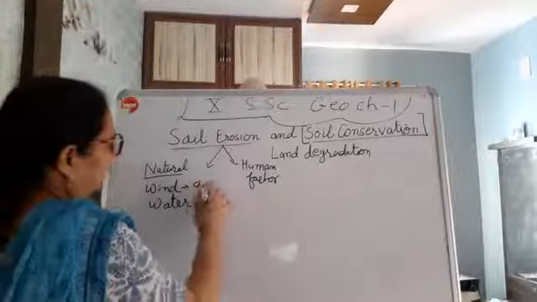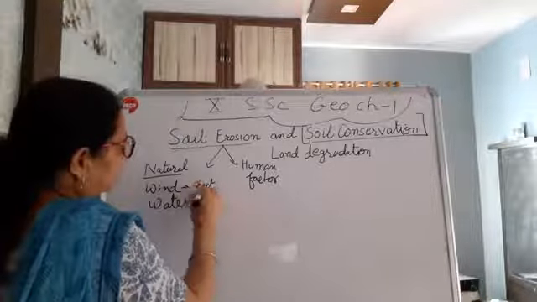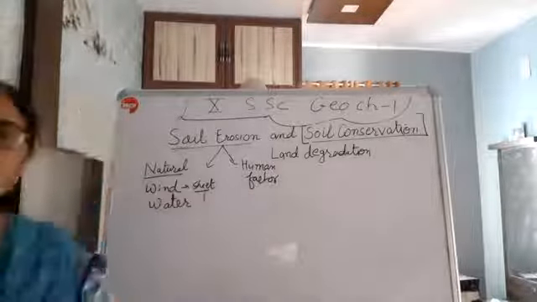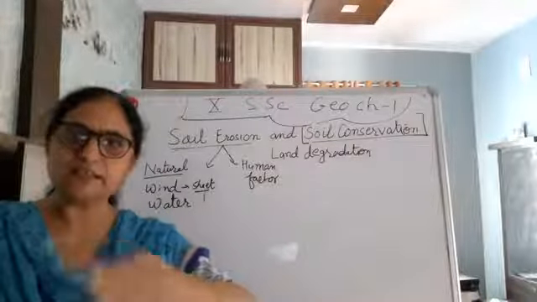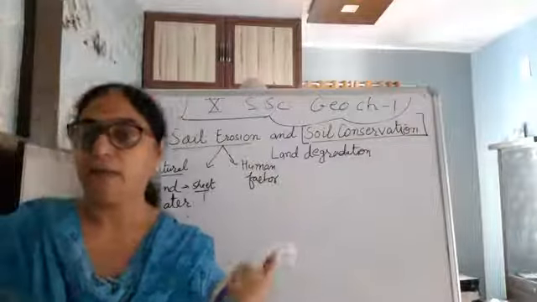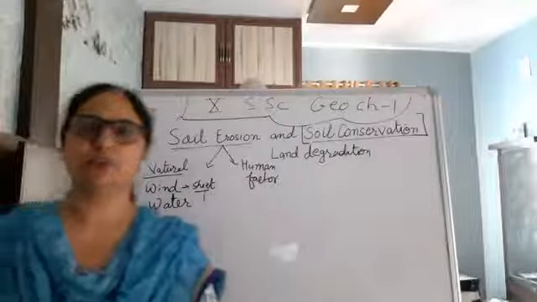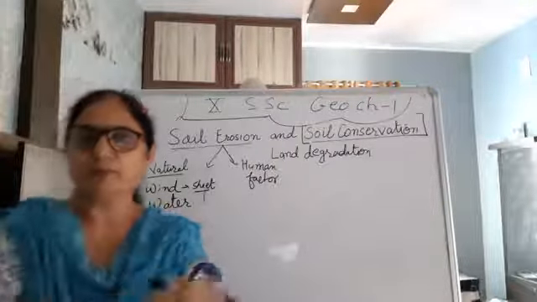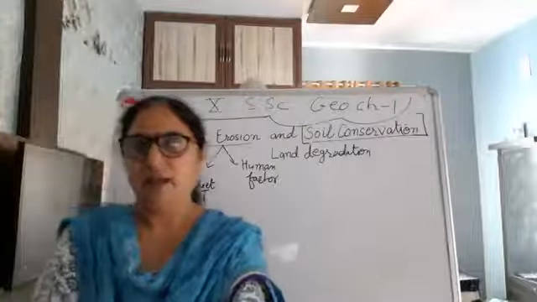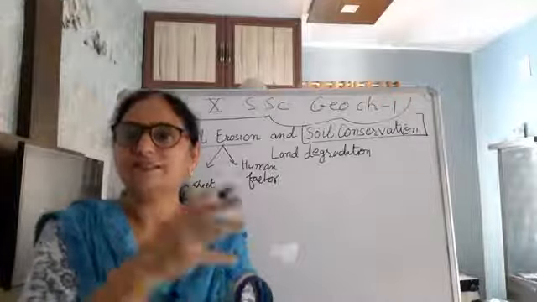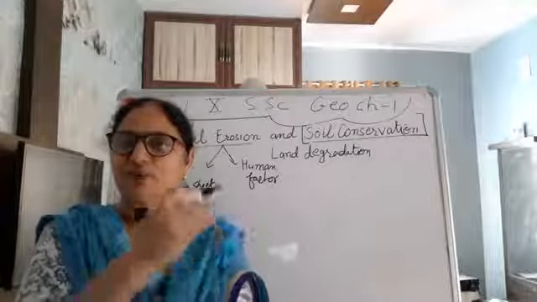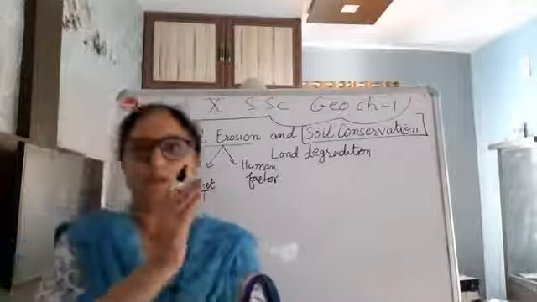It is a type of erosion where the topmost layer of the soil gets washed away. A very interesting point to be noted is that formation of the soil and erosion of the soil, both activities go on simultaneously, side by side.